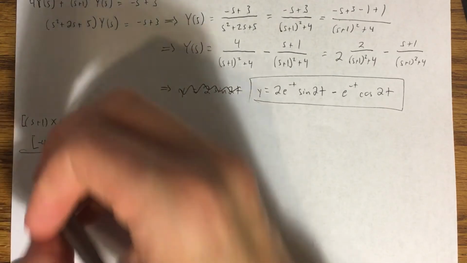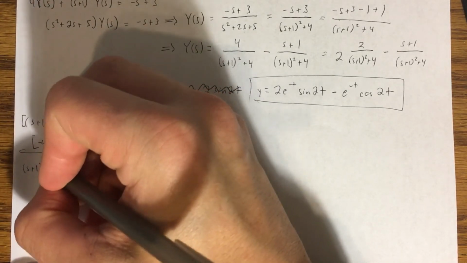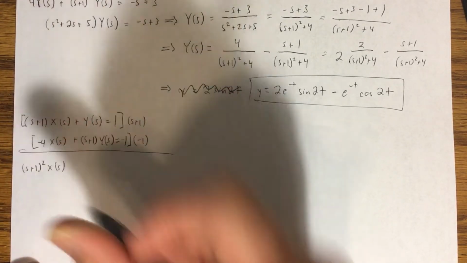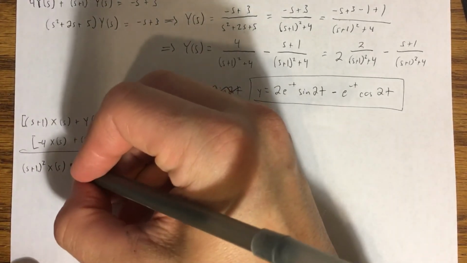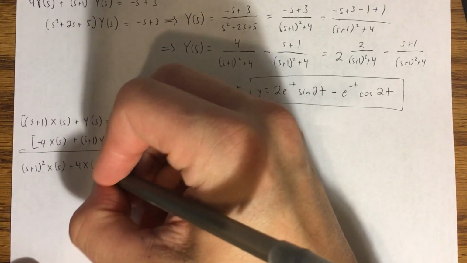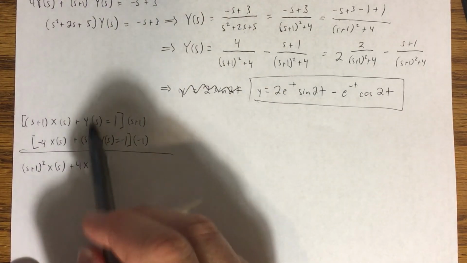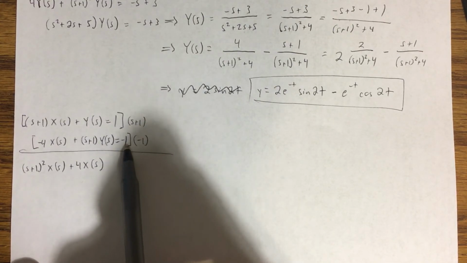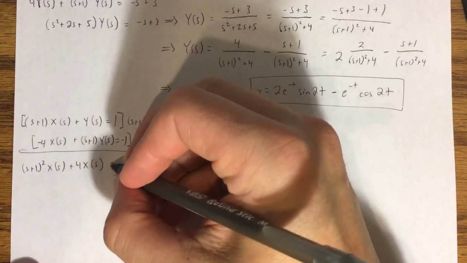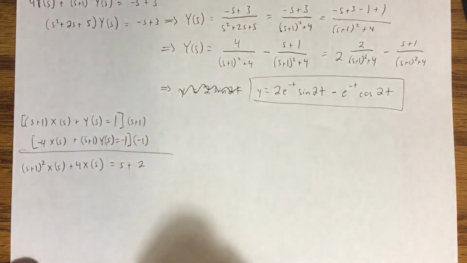That's going to give me (s plus 1) squared X of s right here. Negative 1 times negative 4 is plus 4, so I'm going to get plus 4 X of s. We know that the y's will cancel. And then I'm going to have s plus 1 times 1, so s plus 1, plus the 1 that I would get here. So that equals s plus 2.